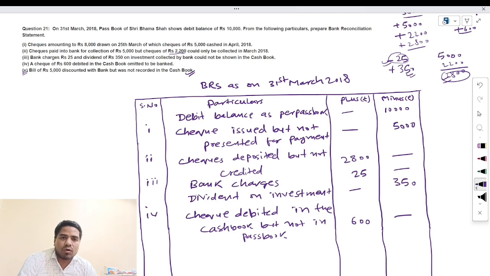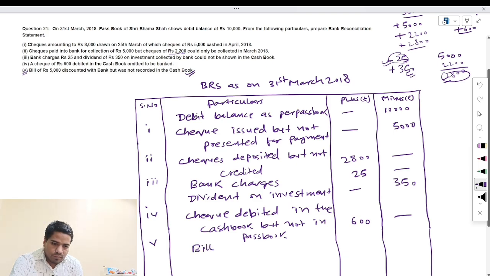We have to minus this amount from our passbook. So we will write here the fifth transaction: bill discounted but not recorded in cash book. How much was the amount? 5,000.